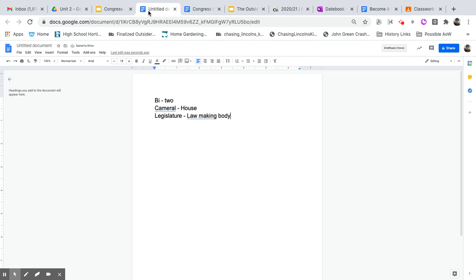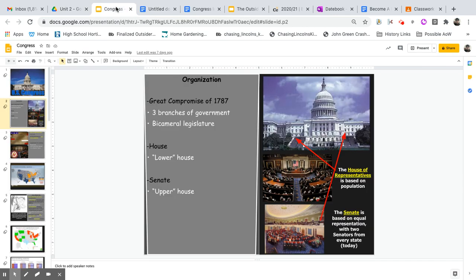So each side essentially gets a little bit of what they want. The big states with a large population get representation based on their population. The smaller states with less population also get representation based on their statehood. There's a lot more that goes into this, including some kind of nasty bits, but that's important to know why we have what we have.